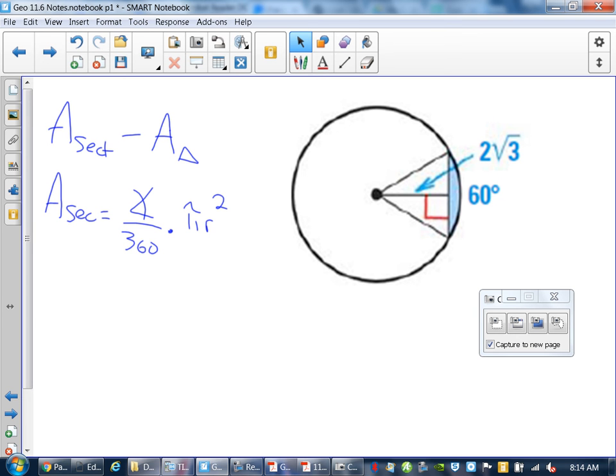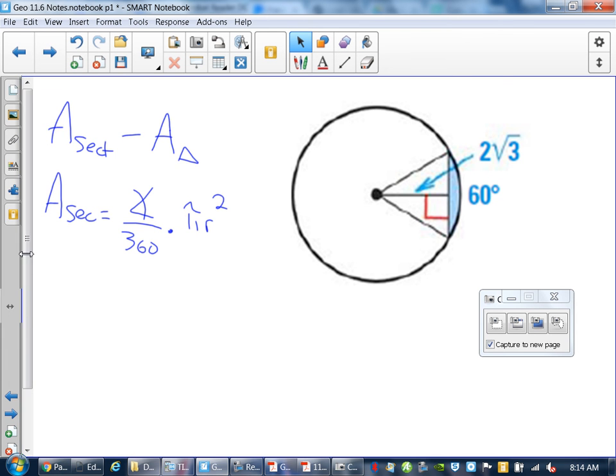Now that 2 root 3 is playing the role of the height of a triangle, and it has a 60-degree arc, which means the central angle is 60, okay?